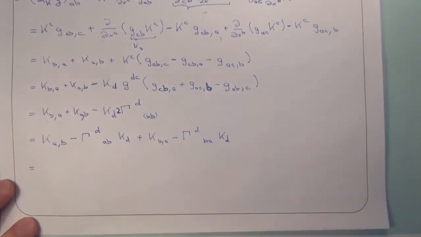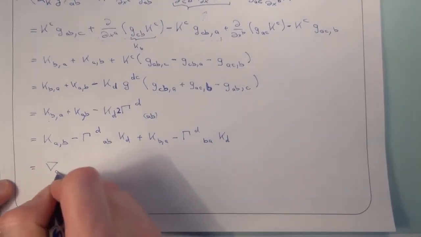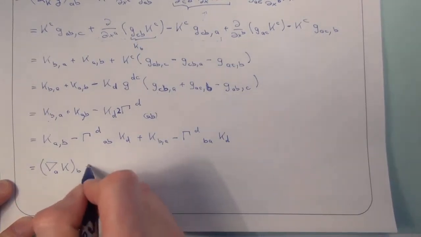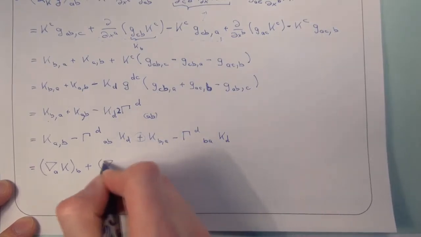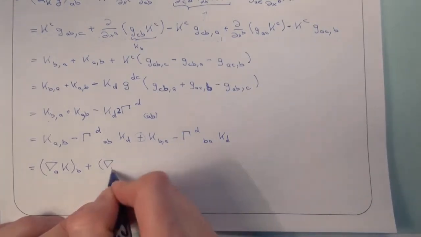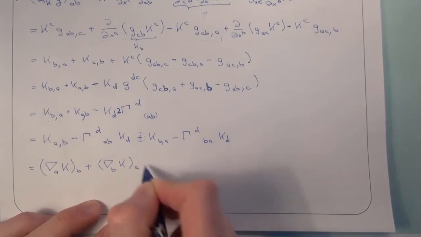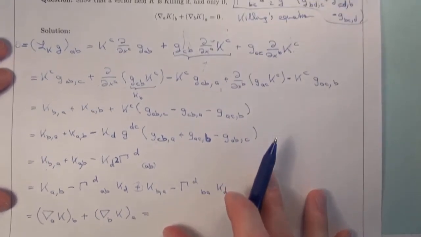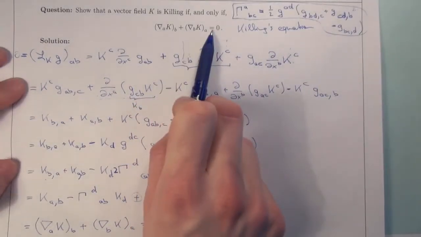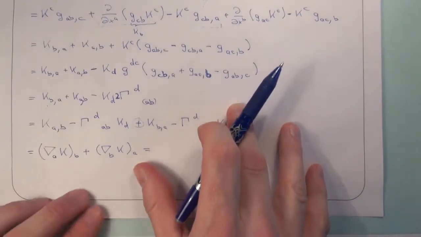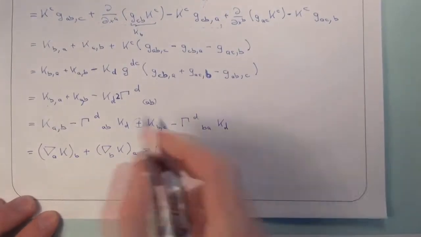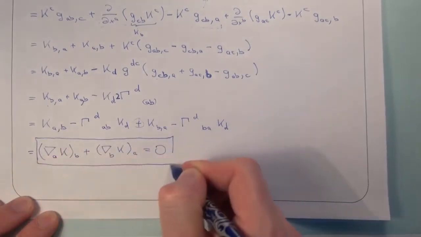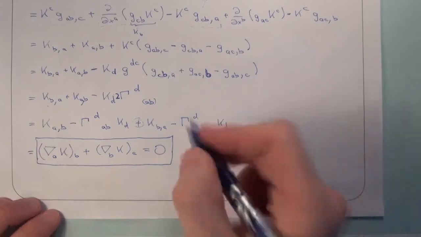Okay, but this can be short written as nabla_A acting on K, the Bth component, plus nabla_B K, the Ath component. Okay, and if we compare up here, that's the same. So we arrived at the right result, and since we just started from L_K on G, which is 0, we derived the Killing equation.